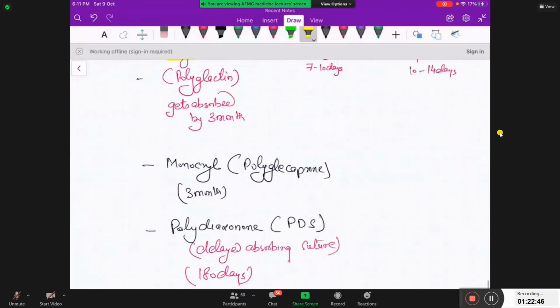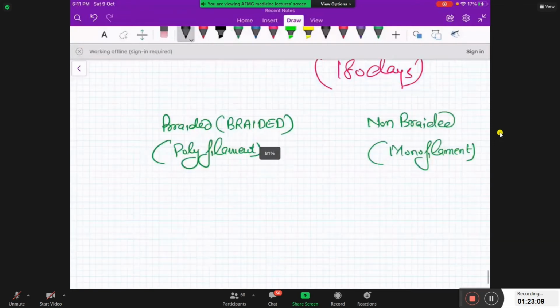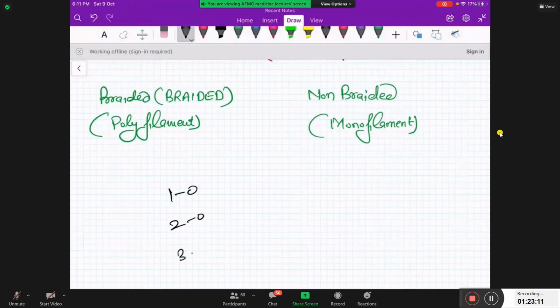On a suture material, you will find written 1-0, 2-0, 3-0, 4-0, 5-0 like this.